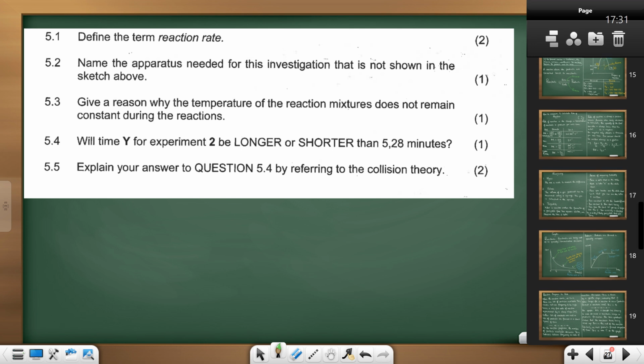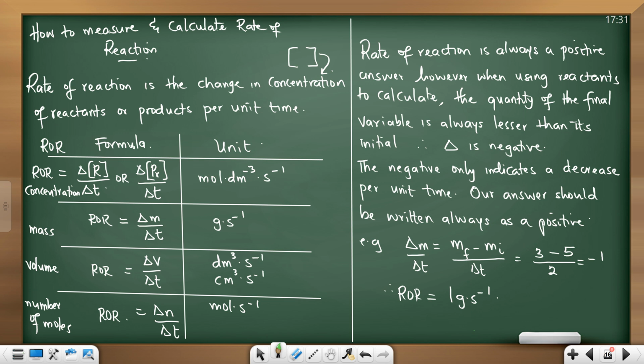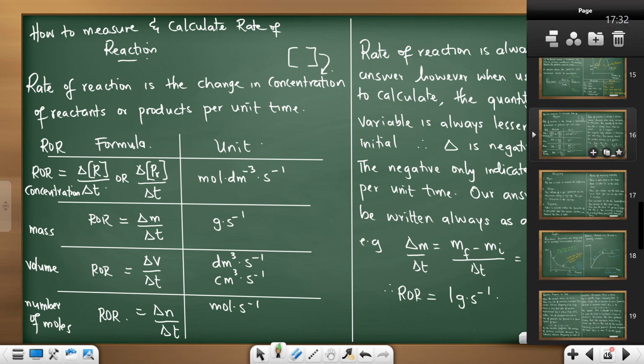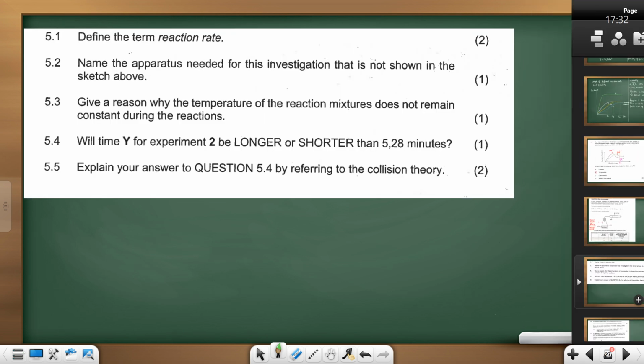Where did I define that? There we go. Rate of reaction is the change in concentration of reactants or products per unit time. In this topic, you must always mention per unit time consistently. Everybody good? The answer is already written down in the note. Don't want to waste time.